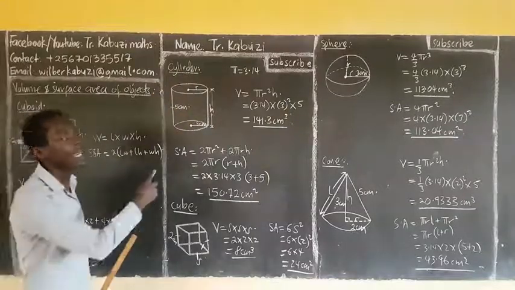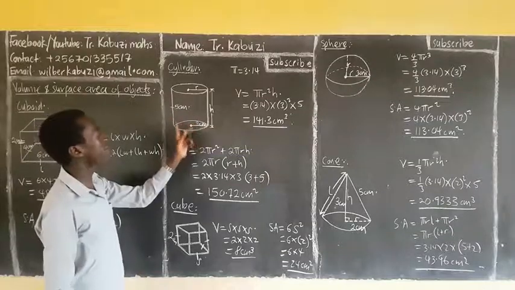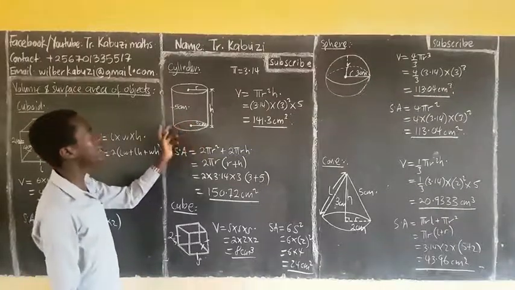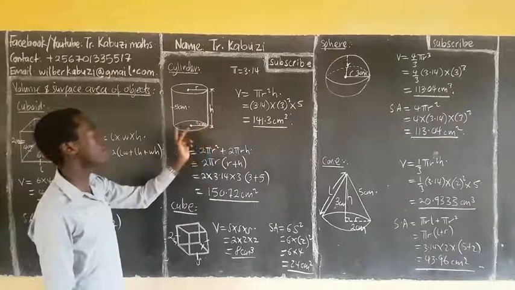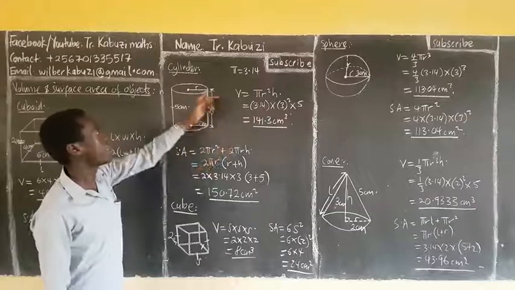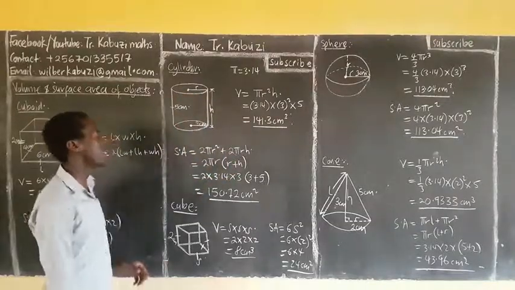Then the surface area of the curved surface will be, you know that to get the circumference of the whole thing, it's going to be our length. So it's going to be 2 pi r, the circumference, then times this. So we shall get this plus this, then plus the area of the curved surface.